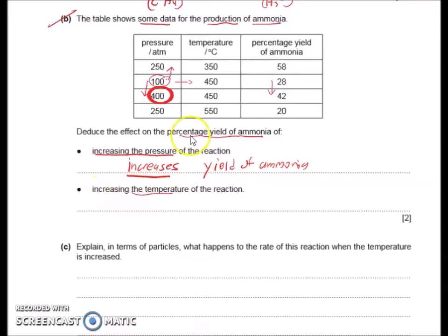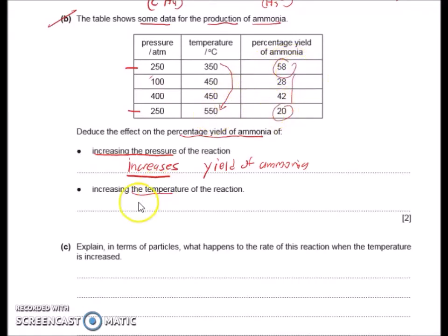So when we are looking at temperature, let me erase this. Okay, when we are looking at temperature, your pressure has to be constant. So let us take these two. Okay, let us take this 250 and 250. When the pressure is constant, now we observe the temperature. When I increase the 350 to 550, what happened to the percentage?